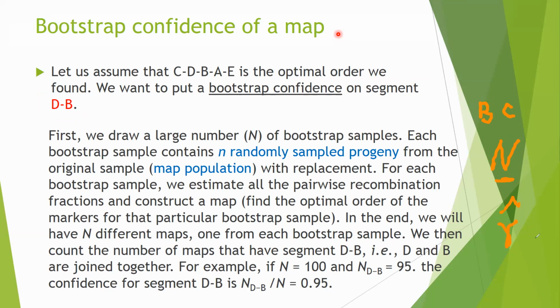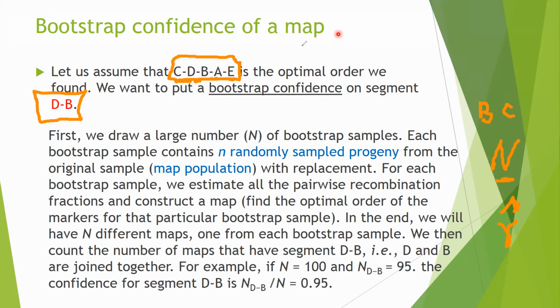We have learned this. Based on this R, for each gene pair among the 5 genes, we can calculate the R, and we use the SAR value, the sum of the adjacent recombination coefficient, to help us identify this order. I hope I can put everything together in a whole picture, because this is what we learned today. Now, once we got this, we want to find the confidence whether these 2 genes are tightly linked or not.